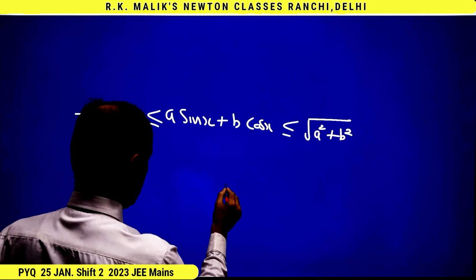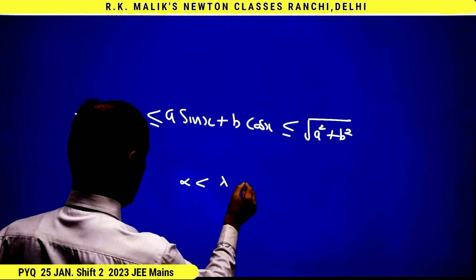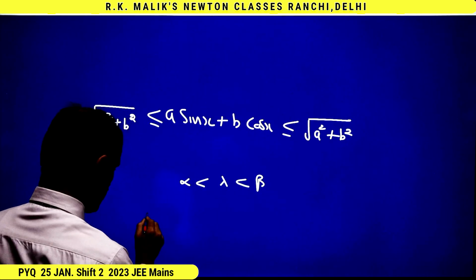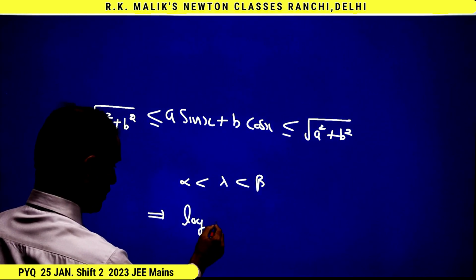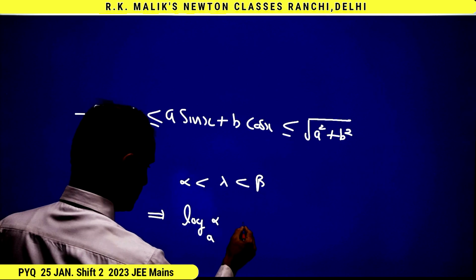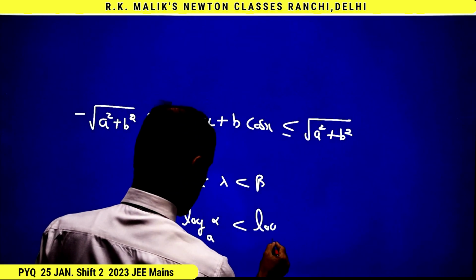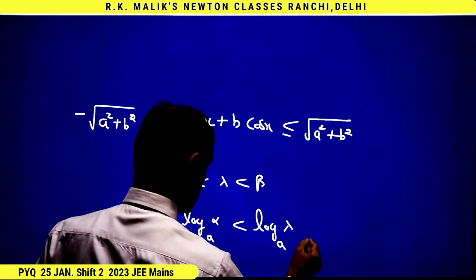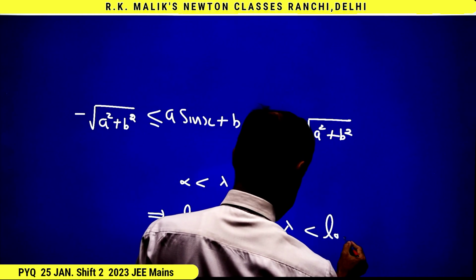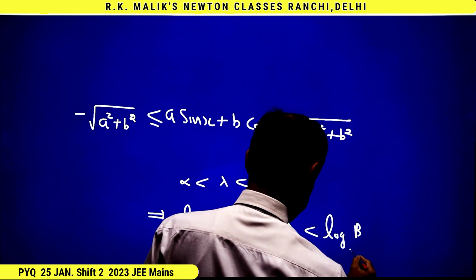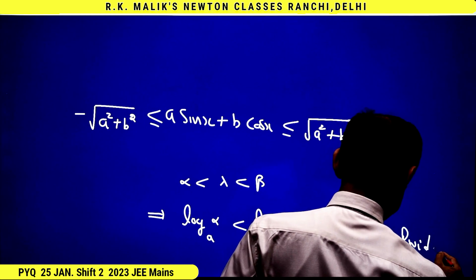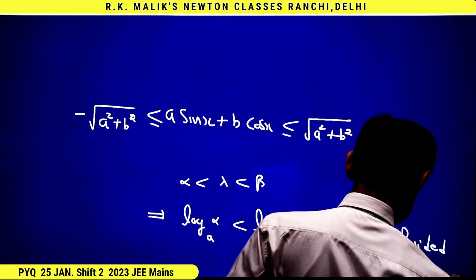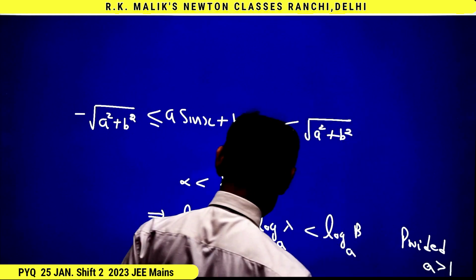And if lambda lies between alpha and beta, it implies that log of alpha to the base a is less than log of lambda to the base a less than log of beta to the base a, provided a is greater than 1.